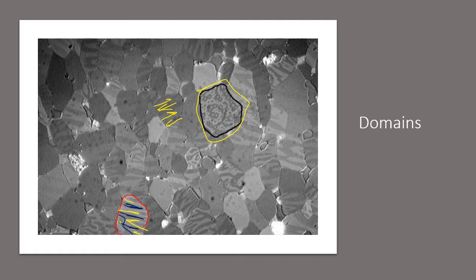Some of them are pointing down into the page, and some are coming straight out of the page. These ones are going along the page. These ones are actually going in and out of the page, which when we do magnetism, we indicate with crosses. So domains are areas within a magnet within which the magnetic field is aligned in one direction, but the neighbouring domain is probably aligned in a different direction.